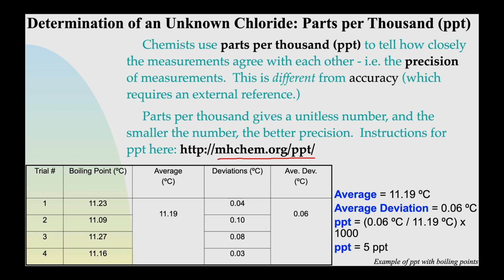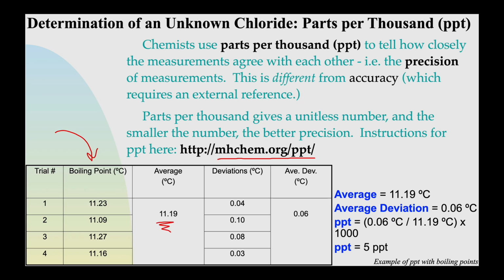This table in the lower left is something from the lecture notes that shows a series of boiling points for a compound. And you can see that this scientist took 4 trials, and there's the 4 boiling point values that they got. And you can see that they're all 11 point something. So the boiling point is around 11 something. But we can do a better job. So when a scientist has multiple sets of data, the first thing they do is they find the average.